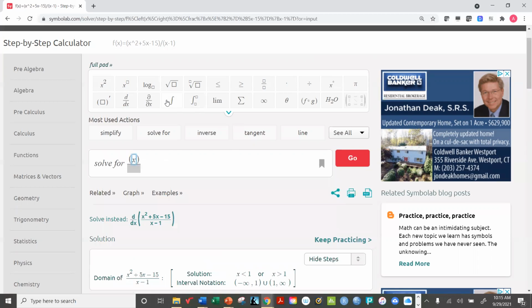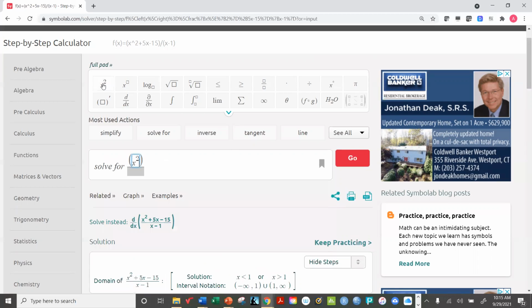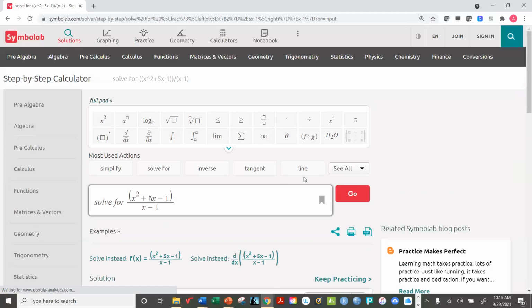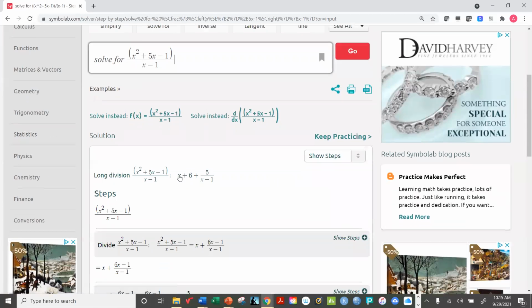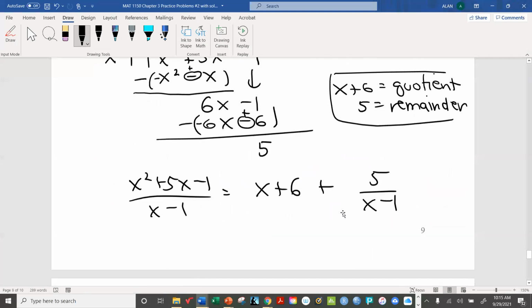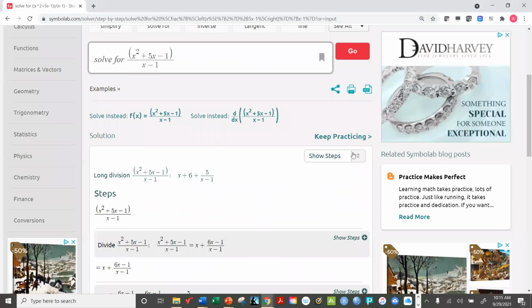X squared plus 5x minus 1 is all divided by x minus 1. Let's see what it comes up with. Well, what do you know? X plus 6 plus 5 over x minus 1.